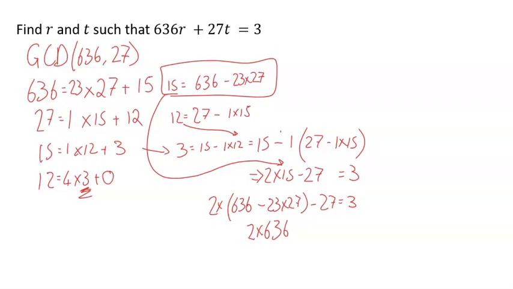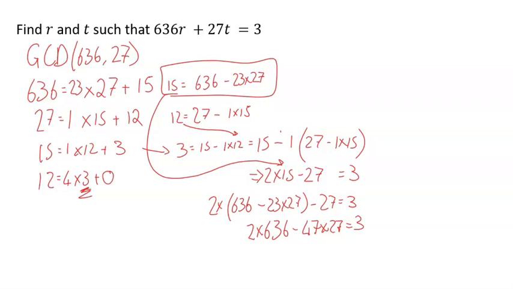I've then got take away 46 and then take away another 27. So take away 46 is 46 of the 27s. Take away another one. So it's then going to be take away 47 times 27 equals 3. Now again, if you wanted to, you could go back and use the calculator and double check this is true. But trust me when I tell you, it is.